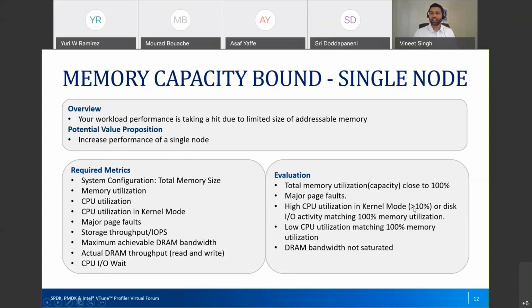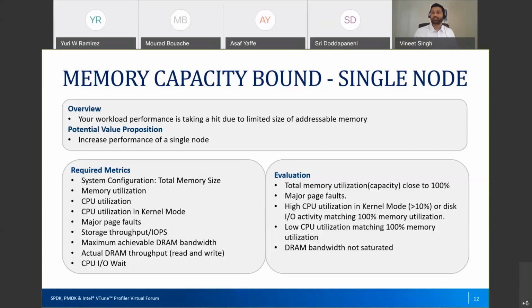That is captured in memory utilization. If memory utilization is close to 100%, let's move on to the next step. First, memory utilization should be nearing 100%. Second, you should have major page faults. If you are starting to swap, you will start seeing major page faults.